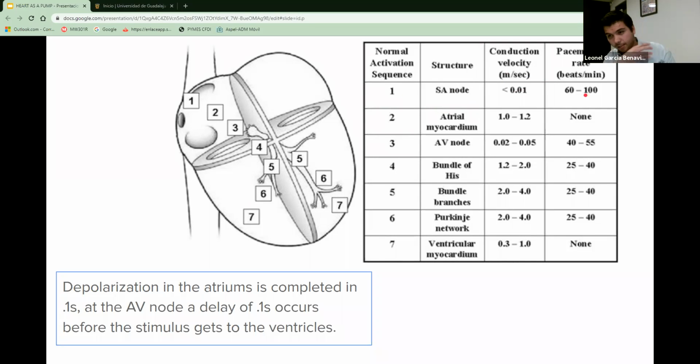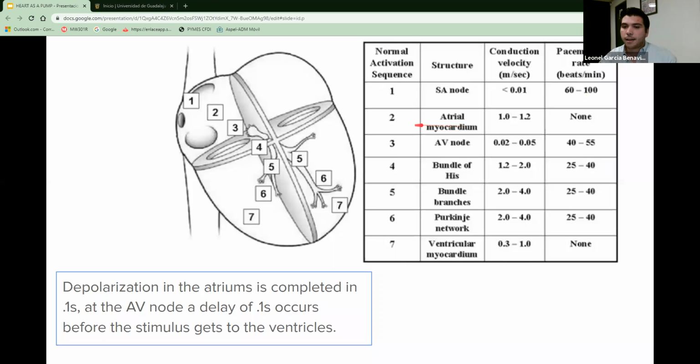Of course, in some periods the SA node can compensate, so it can go to tachycardia, over 100, or bradycardia, under 60. That doesn't mean that we have another pacemaker coming in. It just means that the SA node can adapt. However, the SA node cannot go that much faster or that much slower.